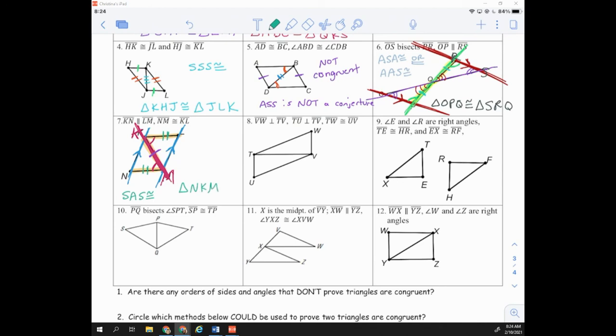So I went down the parallel side, then down the 1 tick mark side. So I've got to go LMK.